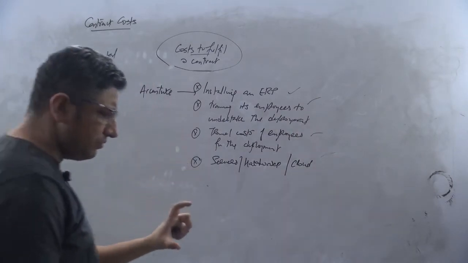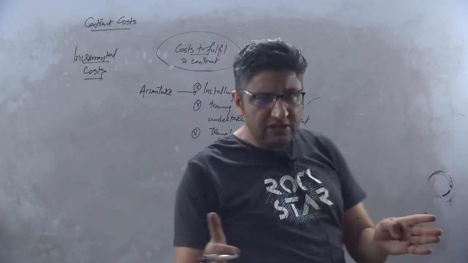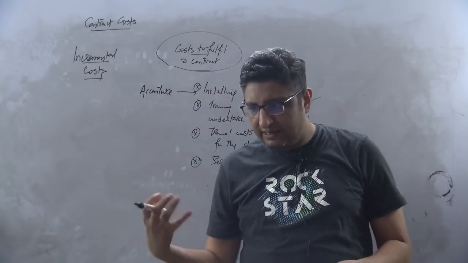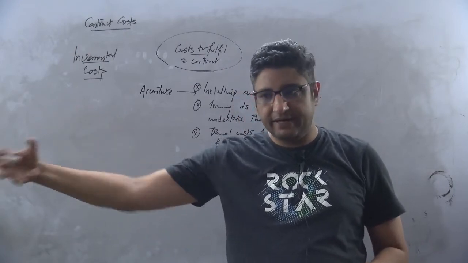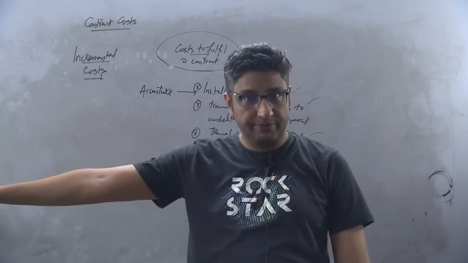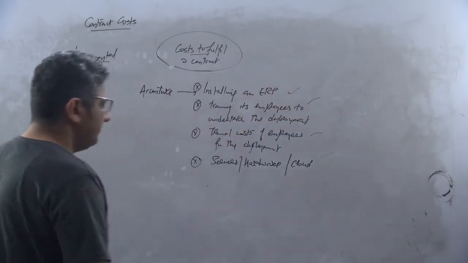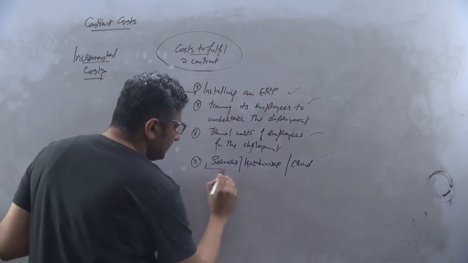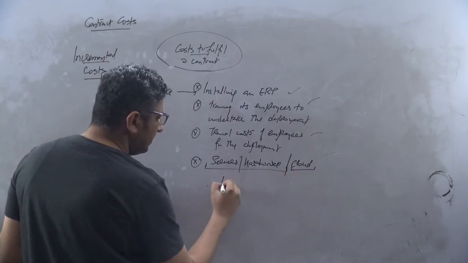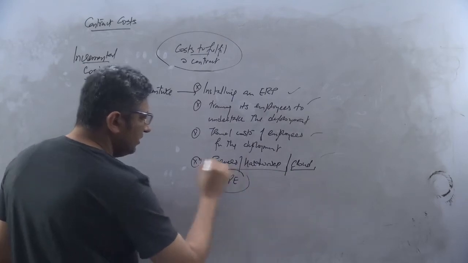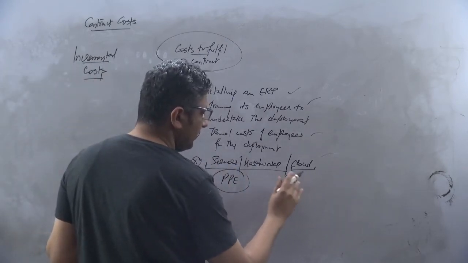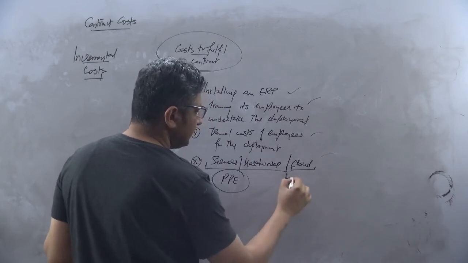The first thing that you want to pick up here is whether any of these costs come from a different standard. Do they fall within the scope of another standard is something that we want to talk about. Very comfortably we can say the servers and the hardware or the cloud would either fall within the purview of property, plant and equipment, or intangible assets.